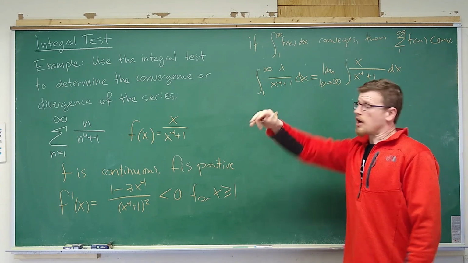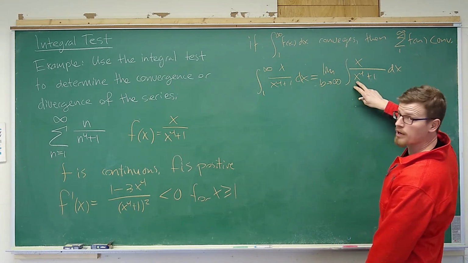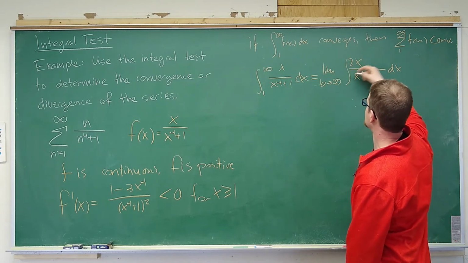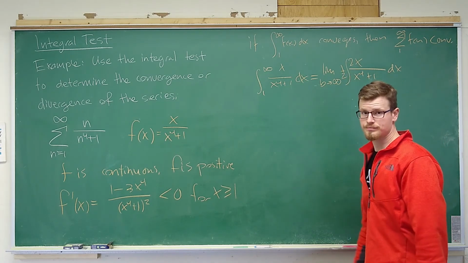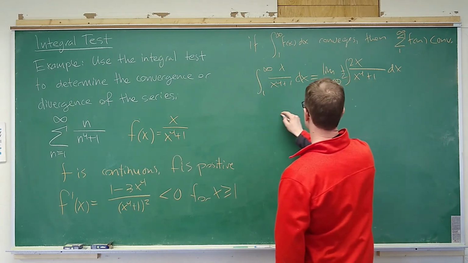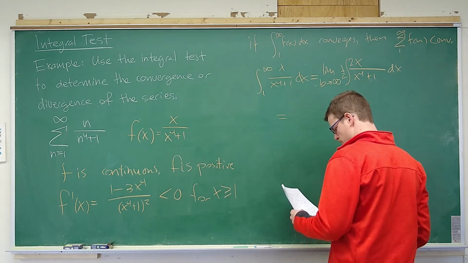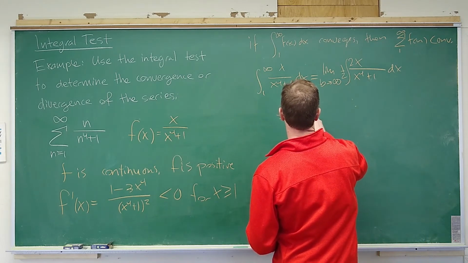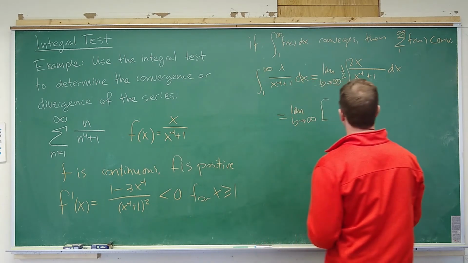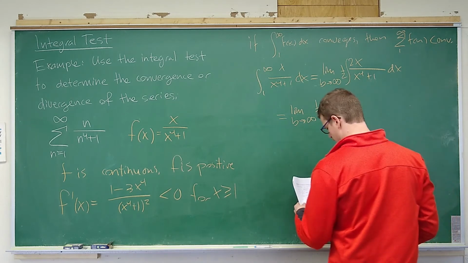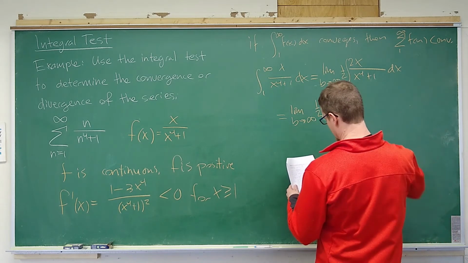But in order to use arctangent, this is x squared being squared, and the derivative of x squared is 2x. So I need a 2 here and a 1/2 here, and that allows me to recognize that this is arctangent.